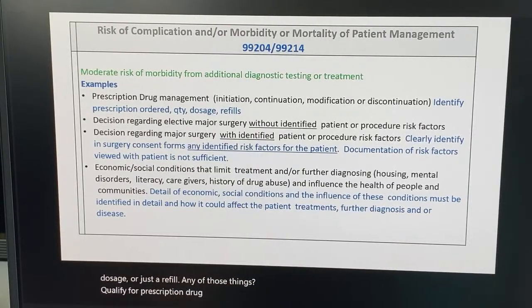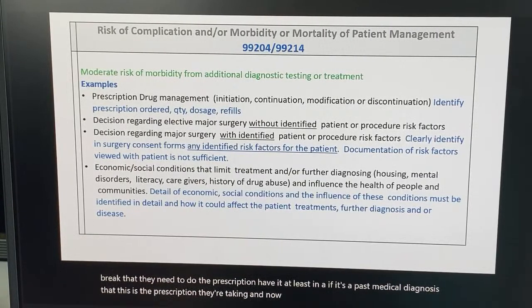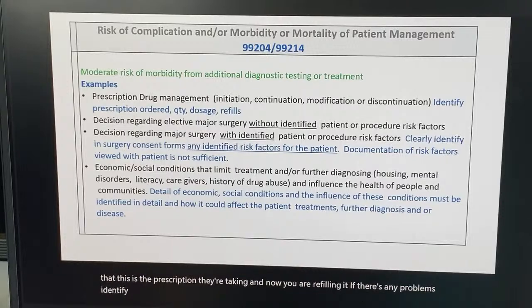But as we were talking right after the break, they need to document the prescription, at least if it's a past medical diagnosis, that this is the prescription they're taking and now you are refilling it. If there are any problems, identify that. If they change the dosage, identify that. So it is for any non-over-the-counter prescription drugs.